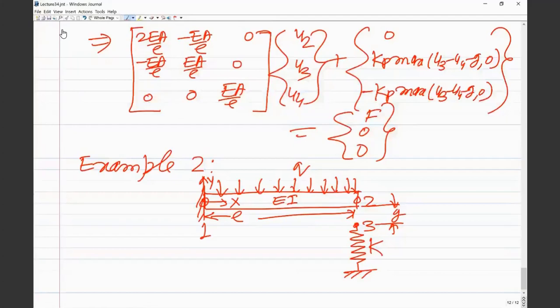Then pose it as a minimization of the total potential energy subject to the equality constraint, and then bring both the cases together and bring in the inequality constraint, and then try to apply the Lagrange multiplier method and the penalty method.